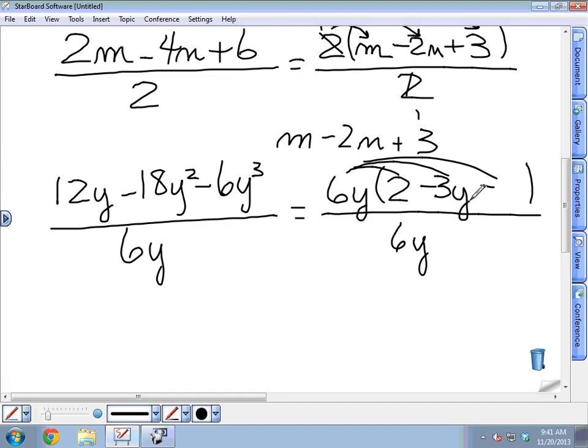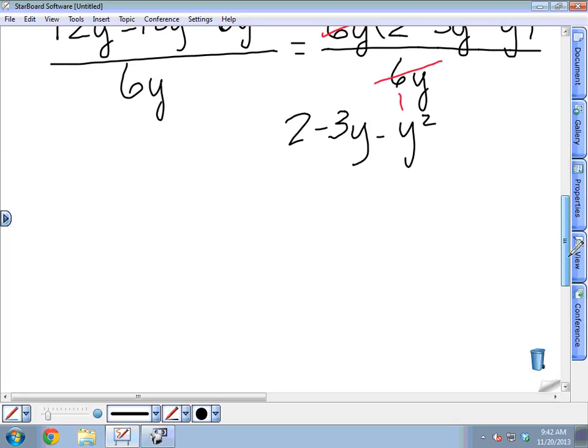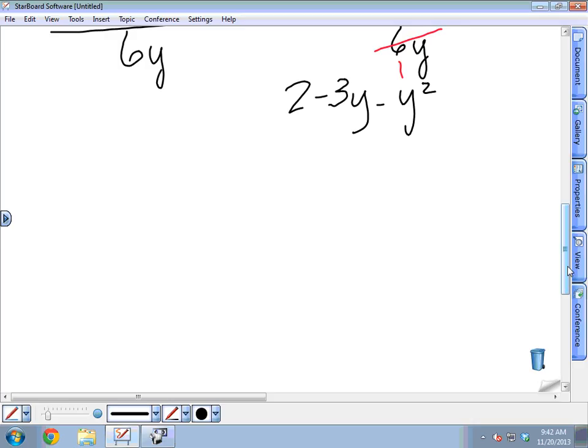Y to the second. Okay, guys, come on. Focus. And now I can cancel out here and here, and I end up with 2 minus 3y minus y squared. Do you see that? It's kind of fun, actually.